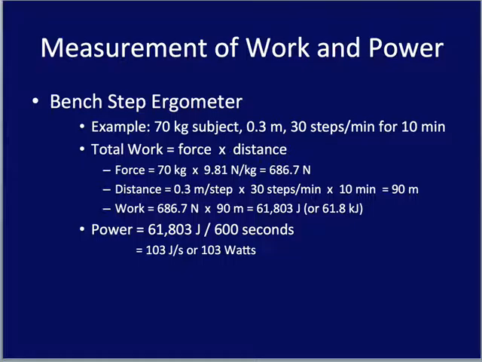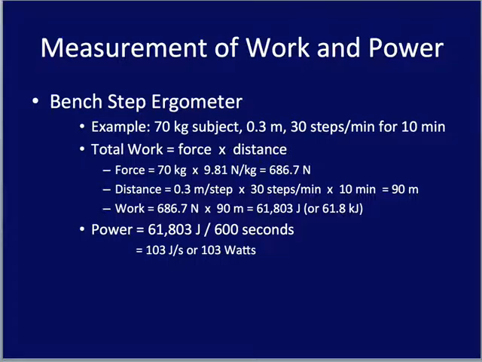So we have the newtons at 686.7. The distance then that they were stepping was 0.3 meters for every step, and they had 30 steps per minute. And then the entire exercise lasted 10 minutes. So if we just multiply 0.3 times 30 steps times 10 minutes, we get 90 meters.